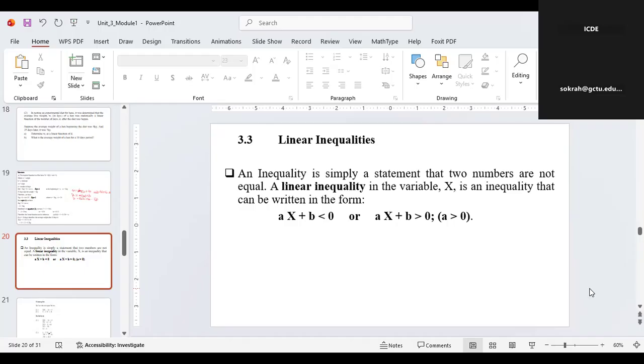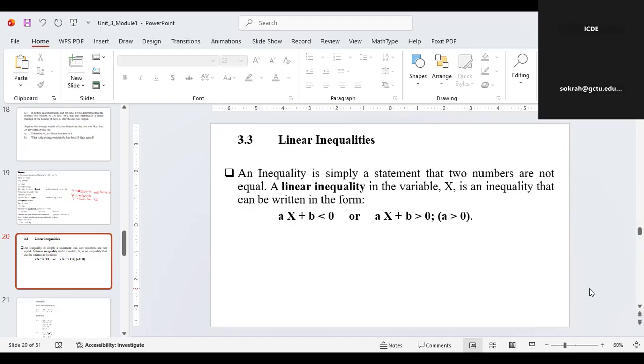Please take note. These are the main two differences between inequalities and equalities. Once you grasp this, there is no cause for alarm.